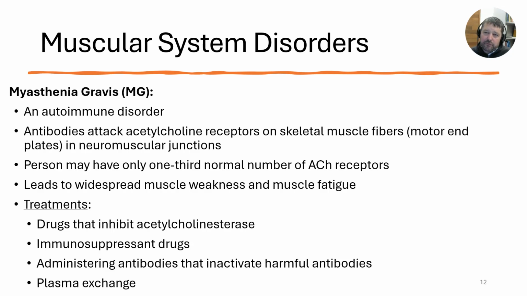You can do a plasma exchange, although not as common, where you try to replace a lot of the white blood cells, so they're producing normal, non-MG white blood cells that aren't producing antibodies to attack acetylcholine receptors.